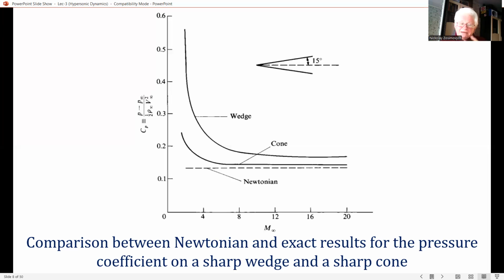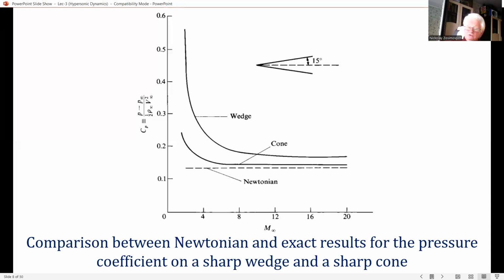As a parenthetical comment, this figure illustrates another trend that is characteristic of hypersonic flow. Note that at low Mach number, the exact values of Cp, expressed by these equations, for both the wedge and cone decrease rapidly with increasing Mach.